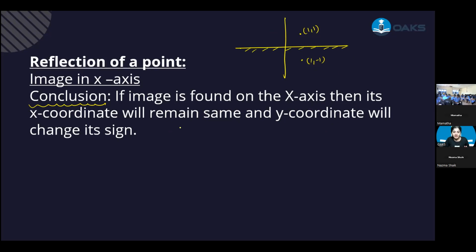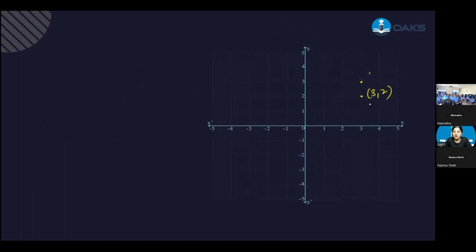Any doubt in this? Are you sure? Okay. So let's move on to the next part. Now we have a point here. Let's say the point is here, 3, 2, right? So with this rule, can you directly tell me what is the image in the x-axis? The x coordinate remains the same and the y coordinate becomes negative.